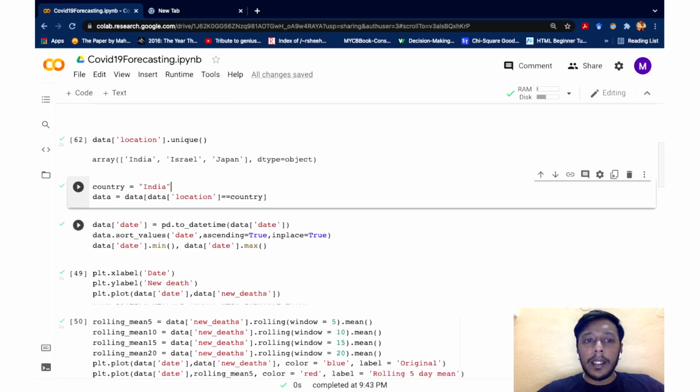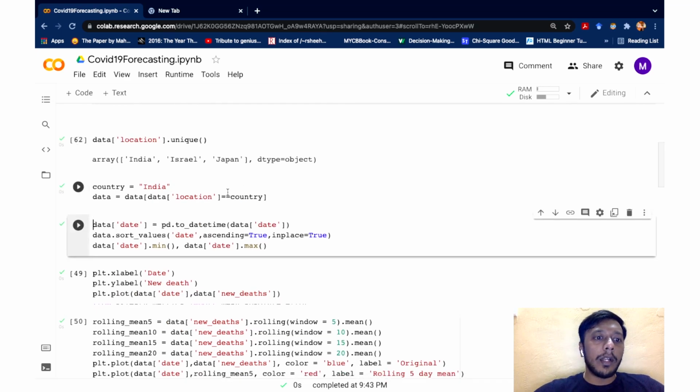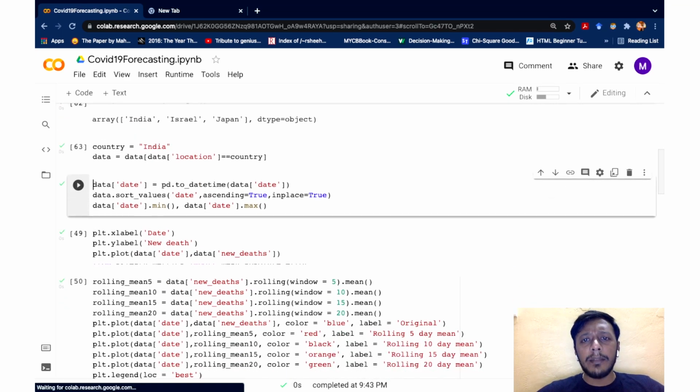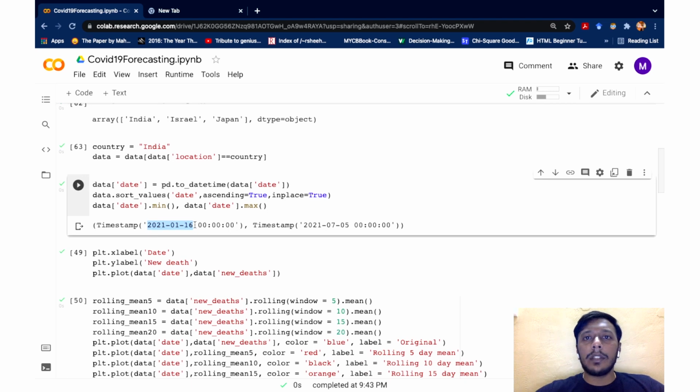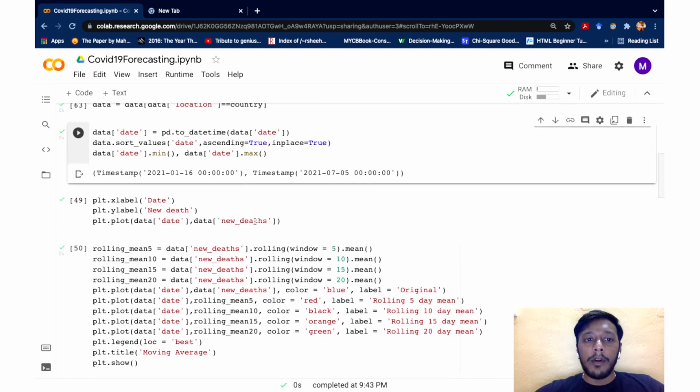I'm filtering the data set only for India in this line, and then looking at the timeline. I can see that I have data from 16th Jan 2021 till 5th of July 2021, very recent data of about six months.